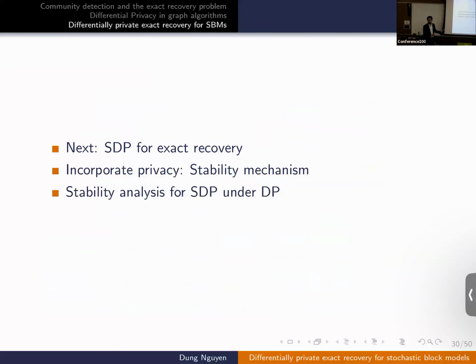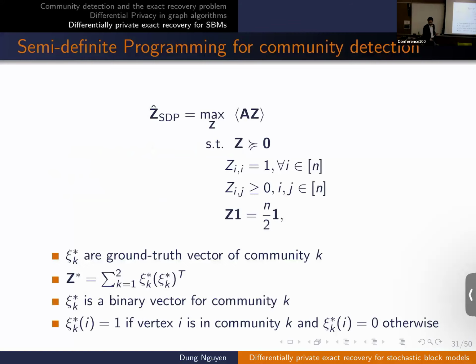So those are some of the results, the problem statement, and some of the characteristics of the algorithm. Next, I will explain how the semi-definite program can be used to solve the exact recovery problem.